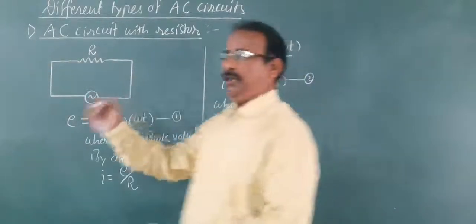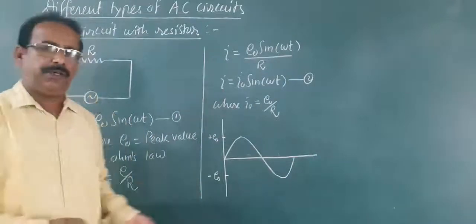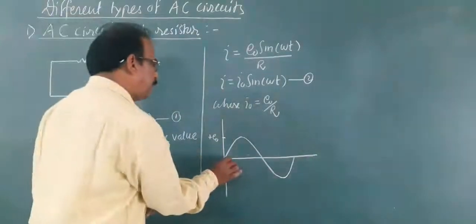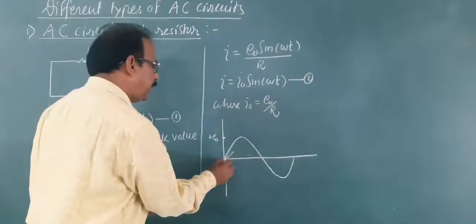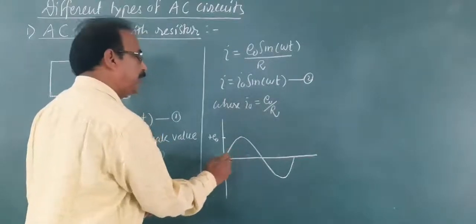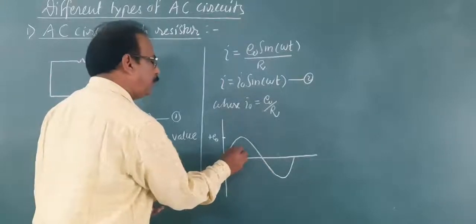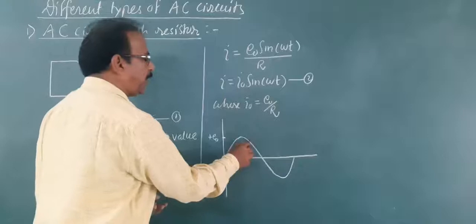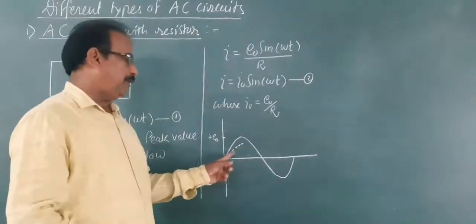Means in this circuit when EMF is 0, the current in the circuit is also 0. When EMF attains its maximum value, the current in the circuit also attains its maximum value. This graph is for current.